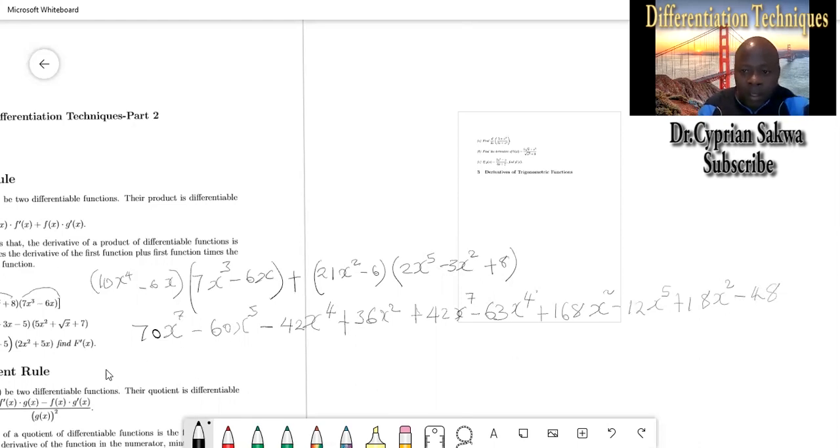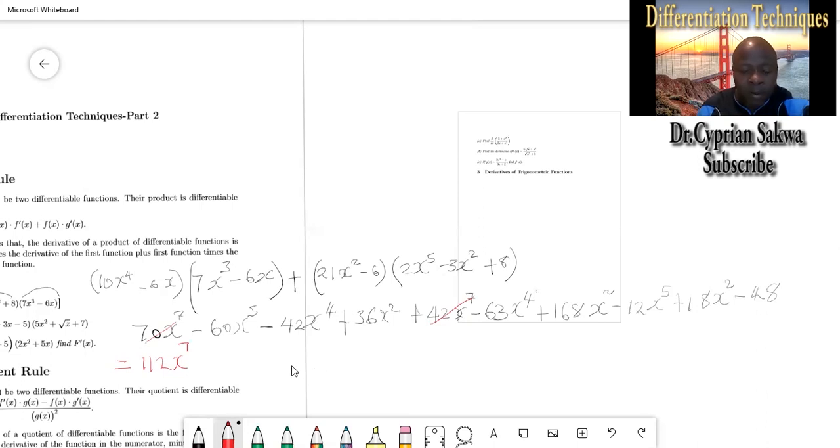So we would now collect like terms. For instance, the one that has x raised to 7, I have 2 of them here. If you add them together, you would get 112x raised to 7. So we are done with this.